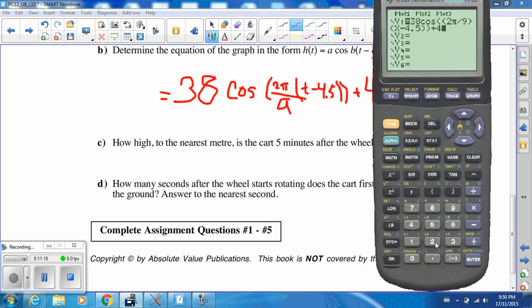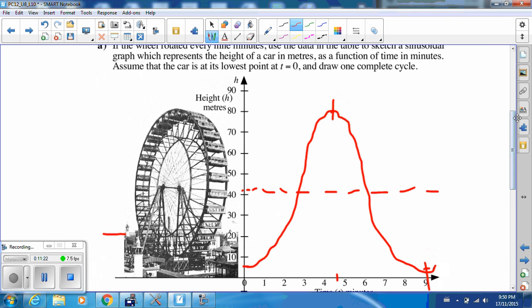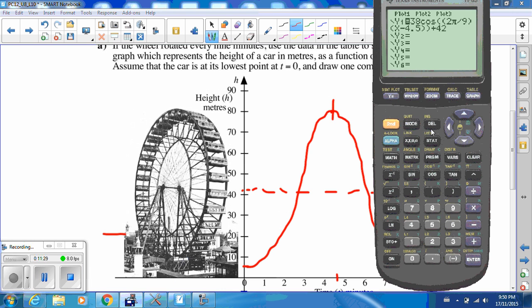plus 42. Now it helps to make my window look similar to this. So I'm going to go from 0 to 9 for my x and from 0 to 90 for my y. It's nice when they give you those values. You don't have to figure them out or fumble around. And I've actually got that already in here. So look at me go. Just after saying make sure you're in radian mode, I don't make sure I'm in radian mode. Let that finish off.